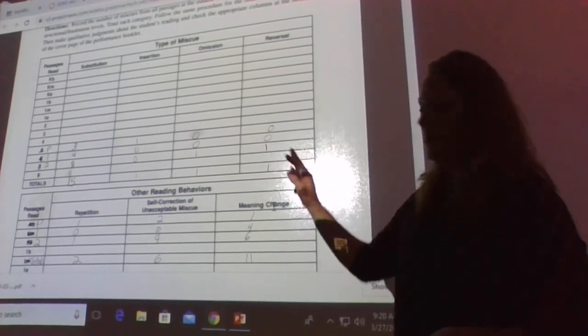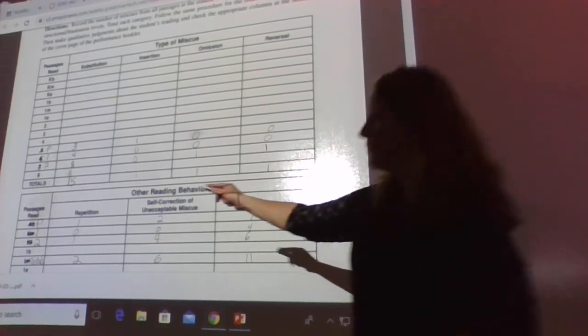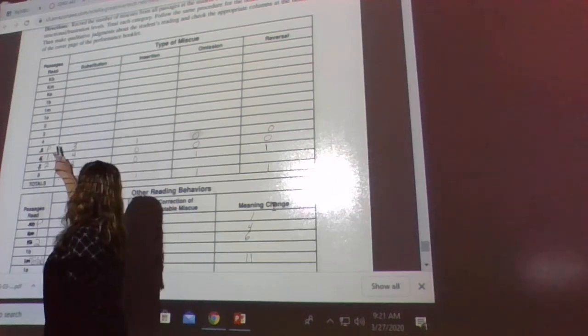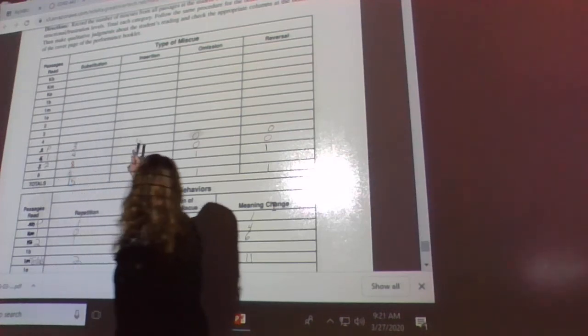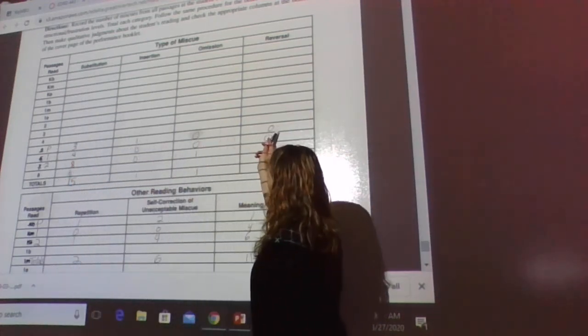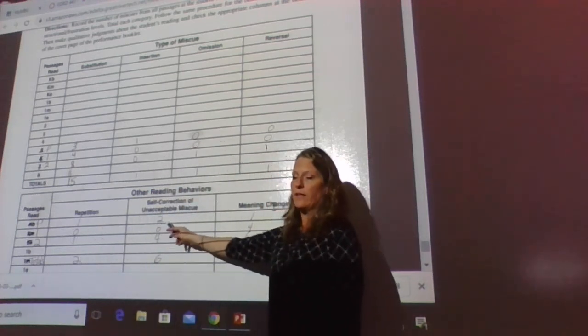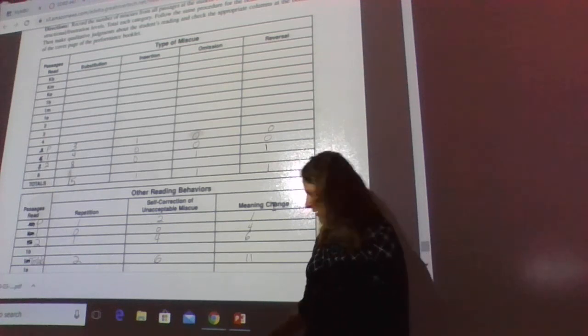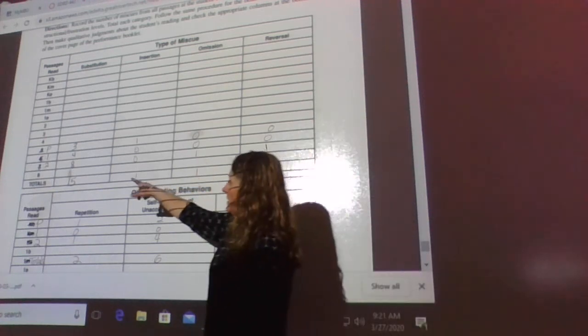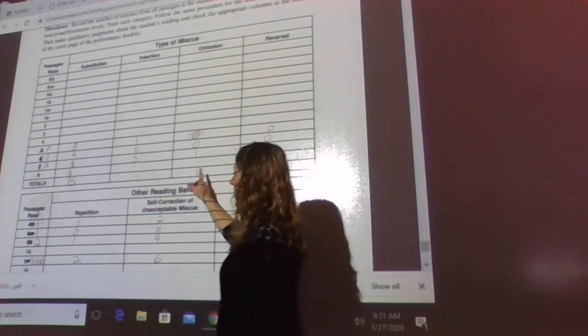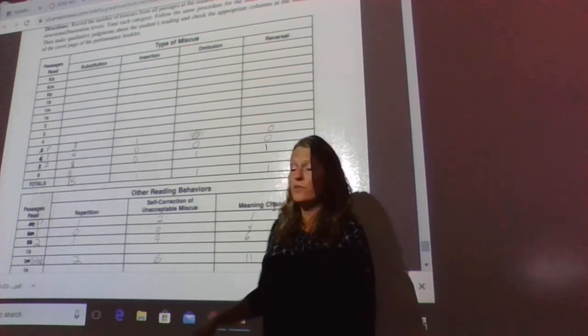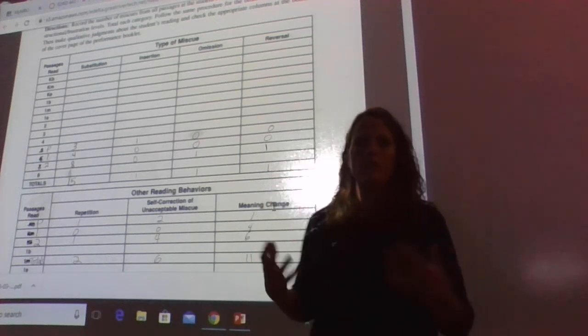I put primer 1, 2 over here on the far side, and on the primer he had 3 substitutions, 1 insertion, 0 omissions, 0 reversals. He had 1 repetition, 2 self-corrections of unacceptable miscues, and 1 meaning change. And then I did the same thing for the first grade and the second grade passage, and then I put the totals in there. So this form is really just a tally sheet of the overall totals.